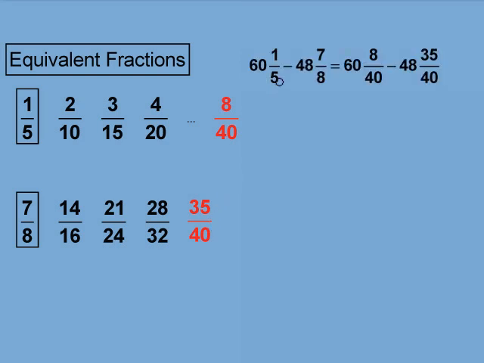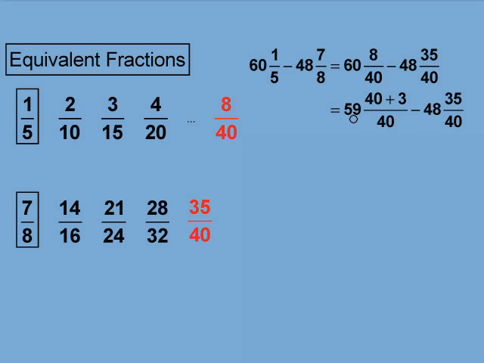Going back to the mixed number subtraction expression, let's replace the fractions with the common denominator equivalents. As shown here, because 8/40 is less than 35/40, borrow 40/40 from 60, as shown here.